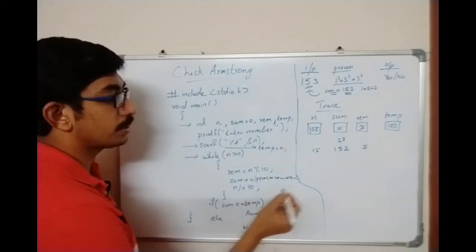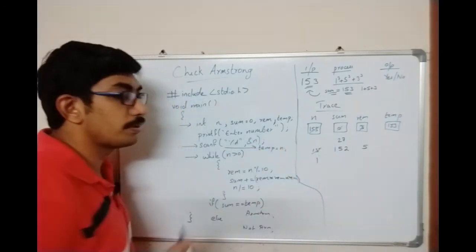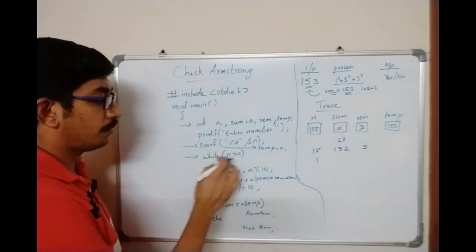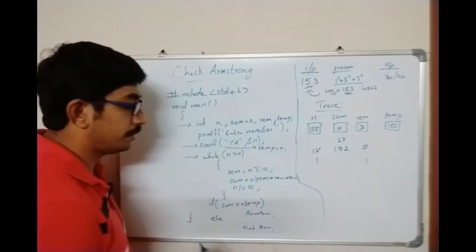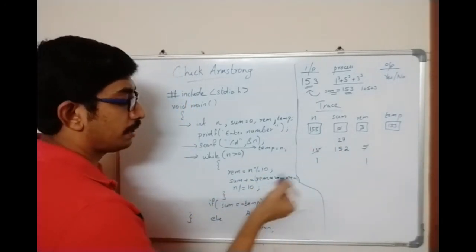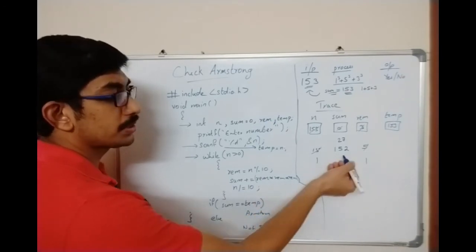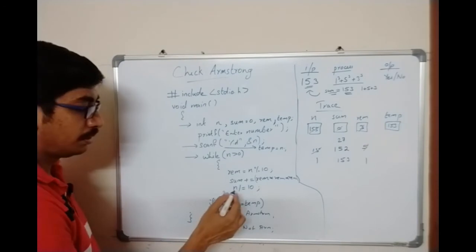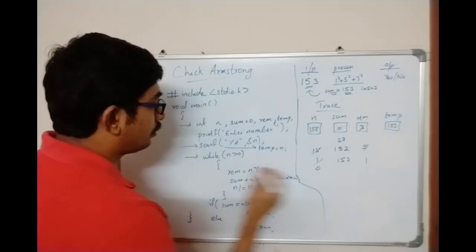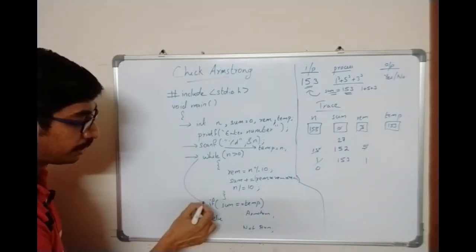Then n is equal to n by 10, so in n you will have the value 1. 1 is greater than 0, the condition is true. In remainder you will have 1. Sum is equal to 152 plus 1 cube, that is 153. Now n will become 0 and we come out of the while loop.